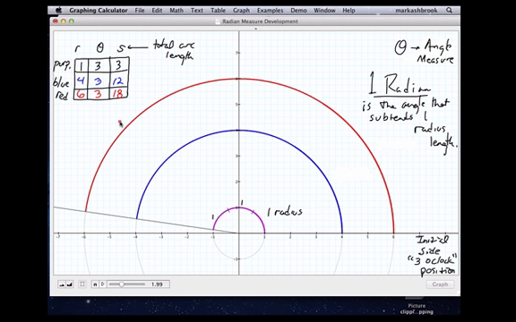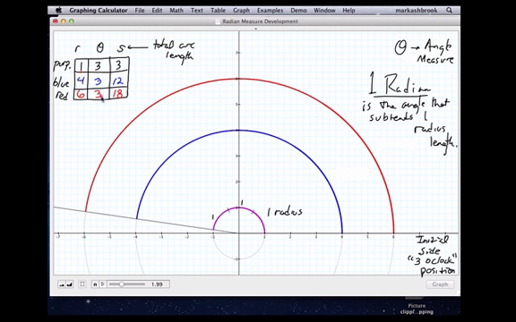Okay, so what is the relationship between R, theta, and S? Looking at this table. R is how long your radius is. Theta is the angle, which is the same as the number of radius lengths, right?